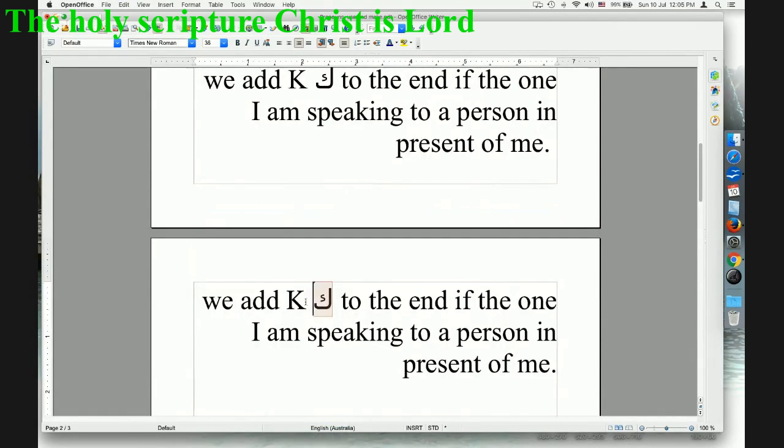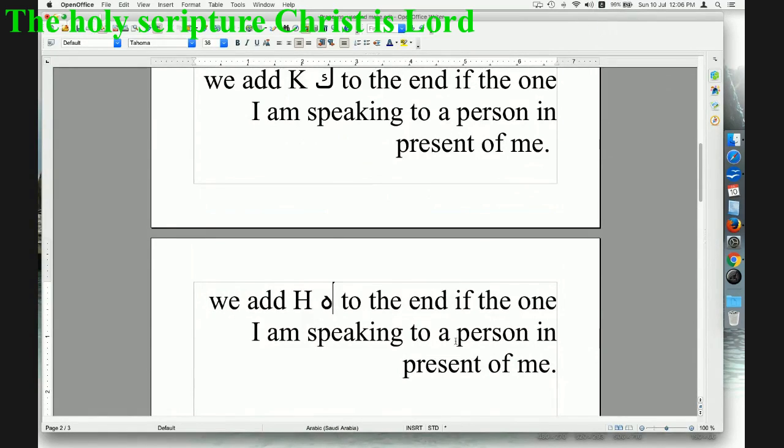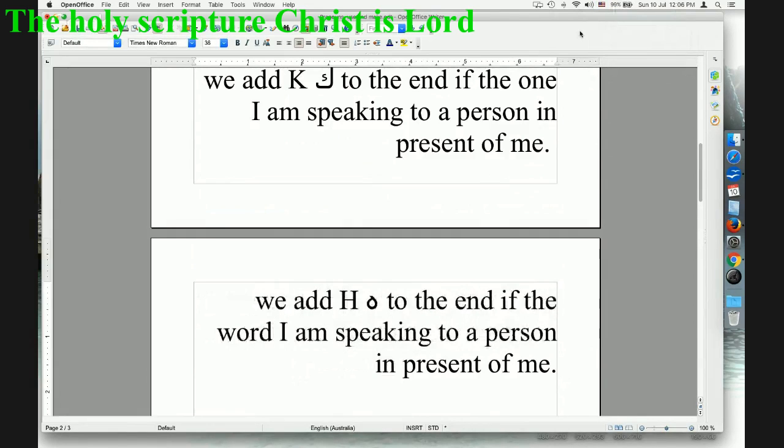Here we say the ha, which represents h, at the end of the word, which is a person.